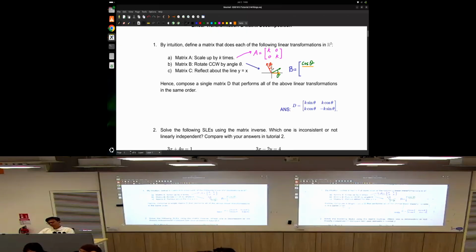The j component is the one on the y-axis of this green vector, so therefore it must be sine theta. You can see the projections on the x and y axis respectively, those are the components of your output vector when vector i is being rotated.